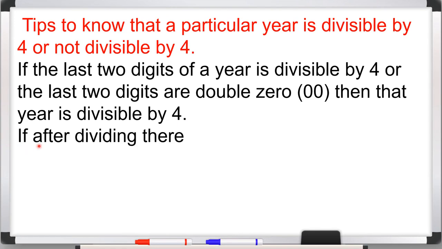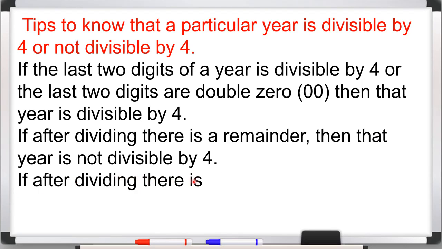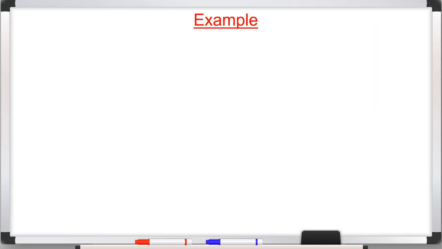Like if after dividing there is a remainder then that year is not divisible by 4. Okay, and if after dividing there is no remainder, अगर कोई remainder नहीं होता then that year is divisible by 4. Understood?